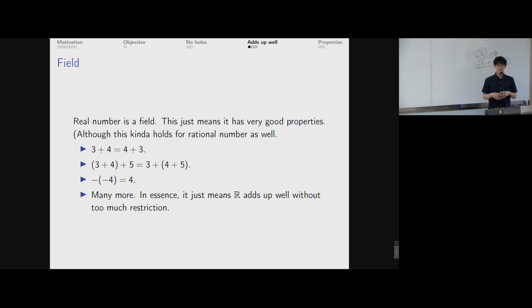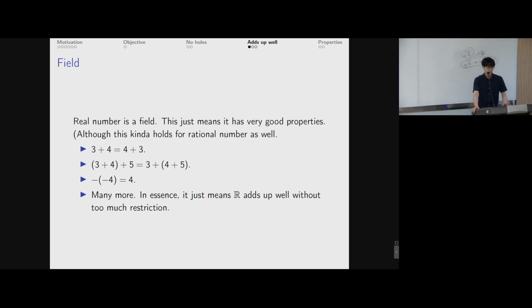It's similar to saying that the real numbers add up well, and there's not much of a weird process in arithmetic procedure. For example, you can see on the slide 3 plus 4 equals 4 plus 3, which means the addition has the commutative property, which means if you switch the addition, it's not going to change the value.